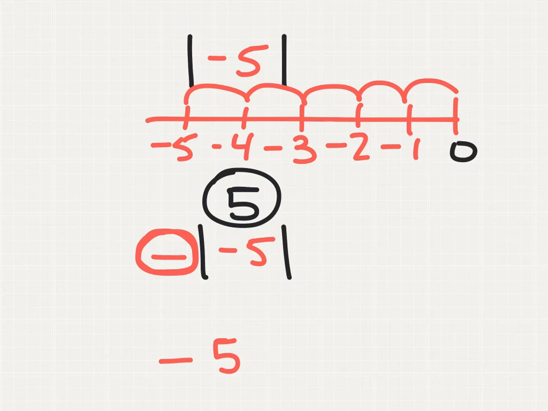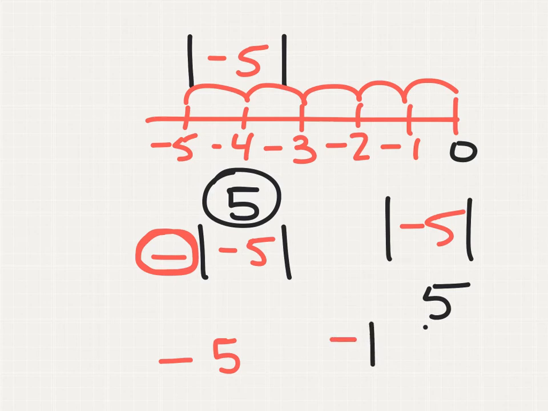Yes, the absolute value of negative 5 is 5. So it stands to reason that negative of the absolute value of negative 5 would be negative 5.